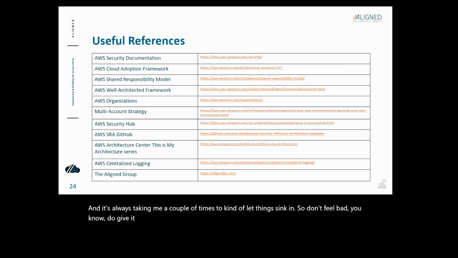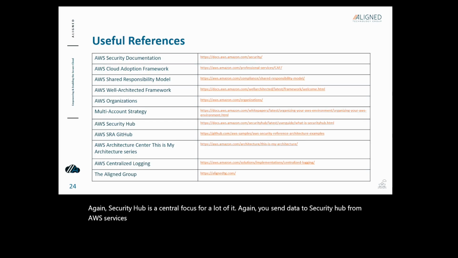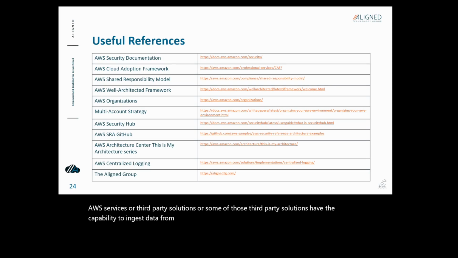Do understand the ecosystem of services, whether they're AWS cloud-native services or third-party solutions, and how they integrate. Again, Security Hub is a central focus for a lot of it. You send data to Security Hub from AWS services or third-party solutions, and some of those third-party solutions have the capability to ingest data from Security Hub as well.